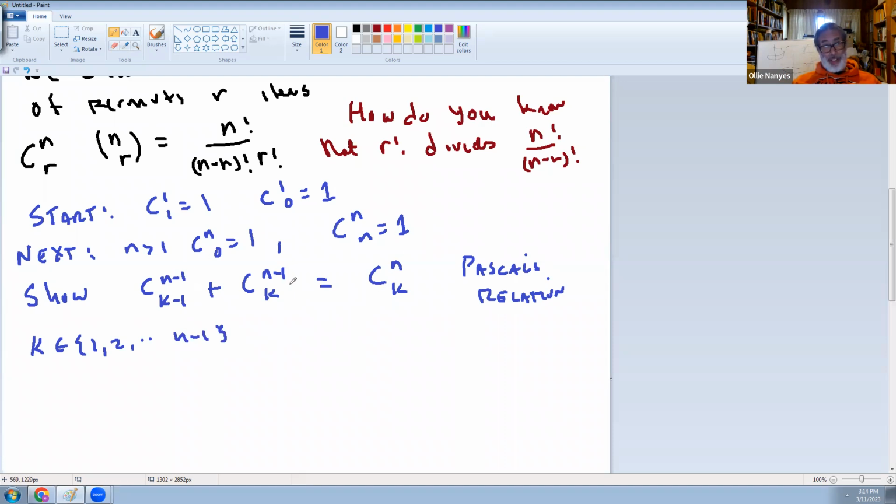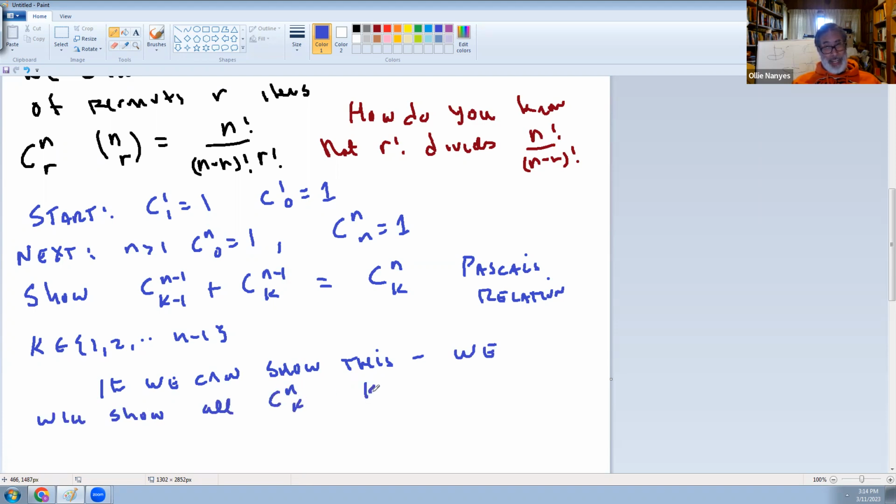And if we can show this relation, we will show that all C(n, k), where k is between 1 and n minus 1, is the sum of integers, inductively.